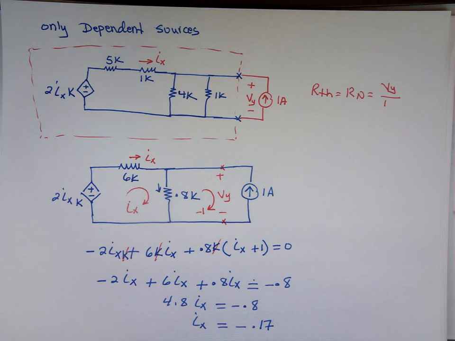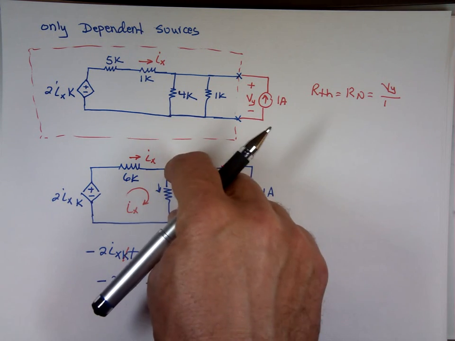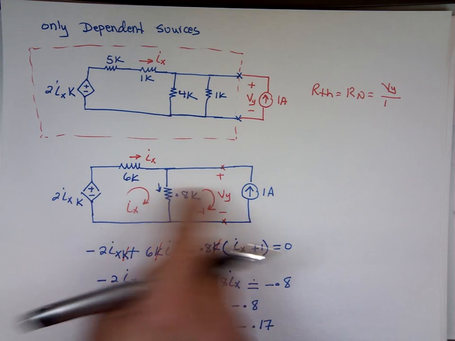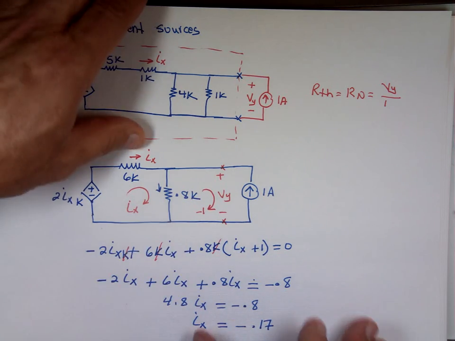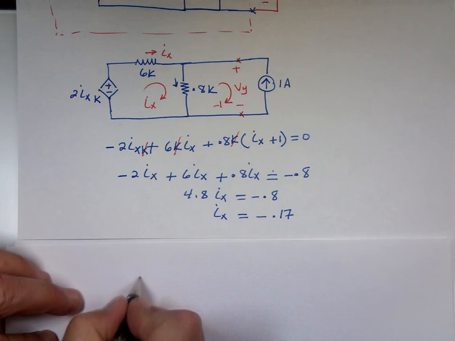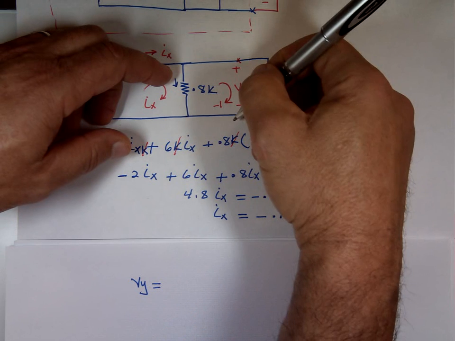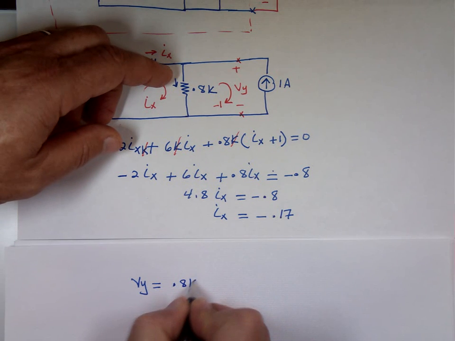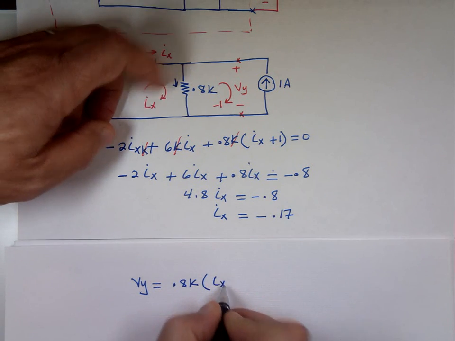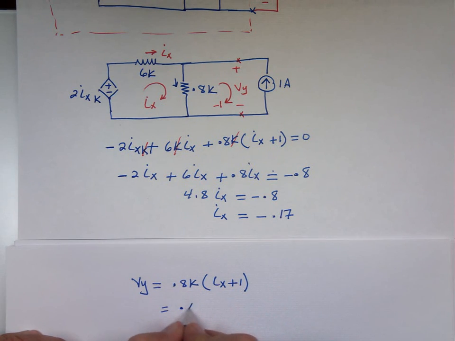Well, I don't need I sub x, I need the voltage Vy. Vy is the voltage across that 0.8K in parallel. That's the voltage right here. So Vy is going to be, since I wanted plus on the top, minus on the bottom, 0.8K times the current down, which is I sub x minus a minus, that's plus 1. 0.8K times negative 0.17 plus 1.